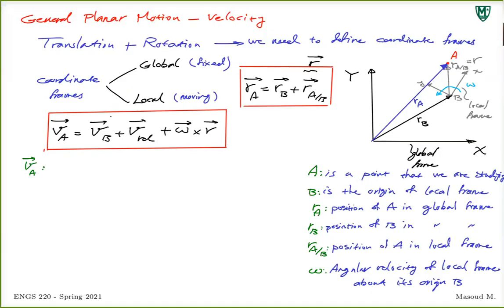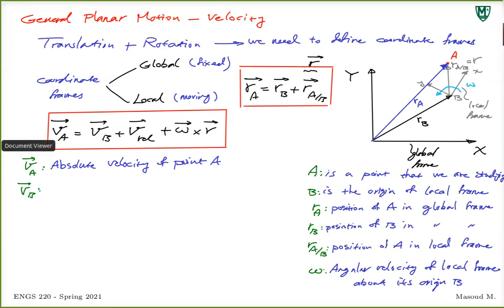So VA is the velocity of point A, but I'll just put absolute velocity to emphasize that it's the velocity in global frame. Absolute velocity of point A. VB is the velocity of point B, which is the origin of local frame.